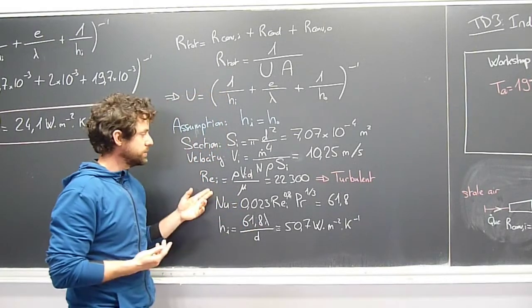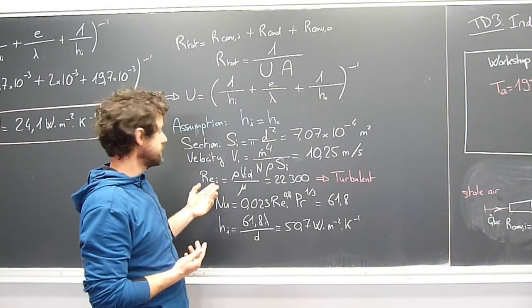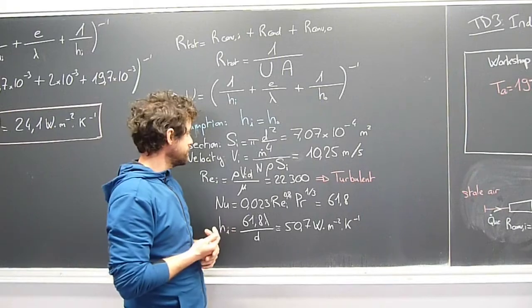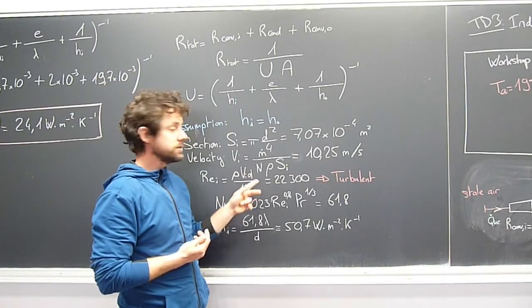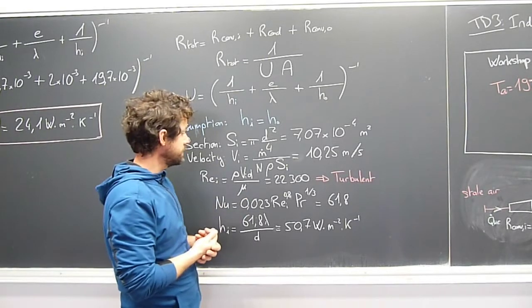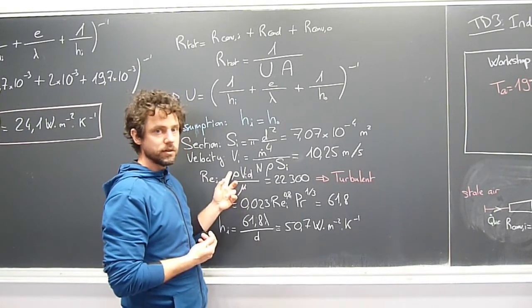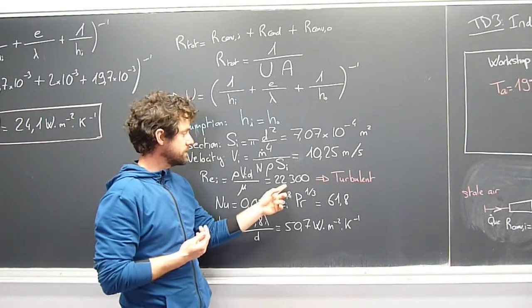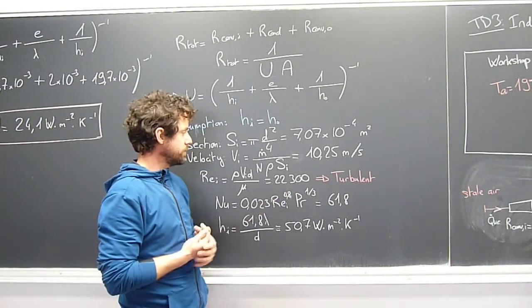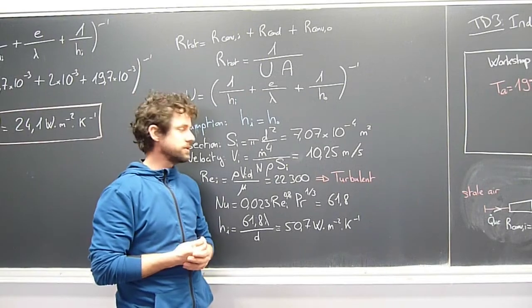Once we have this, we can easily calculate the inner Reynolds number, and here the hydraulic diameter is just the normal diameter of the pipe. Using the thermophysical properties that are provided in the exercise, we get a Reynolds number a bit over 22,000.